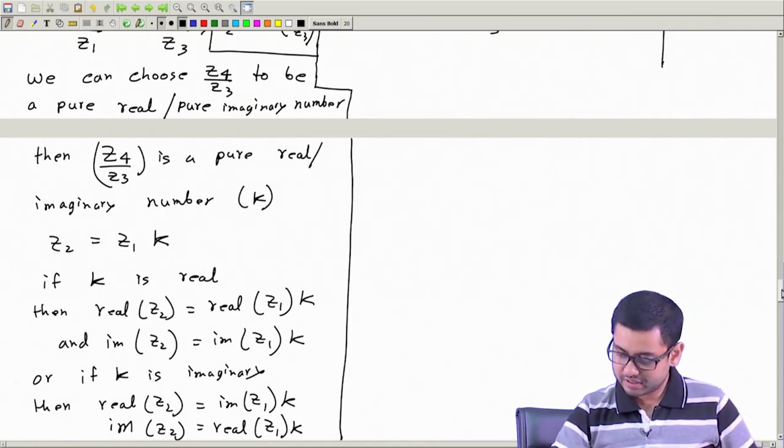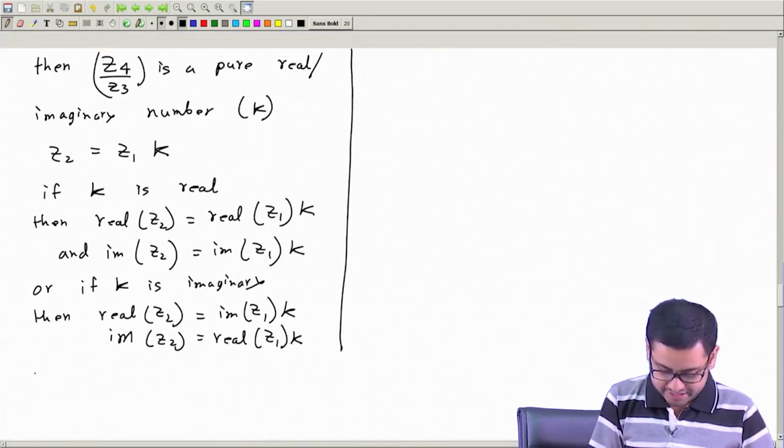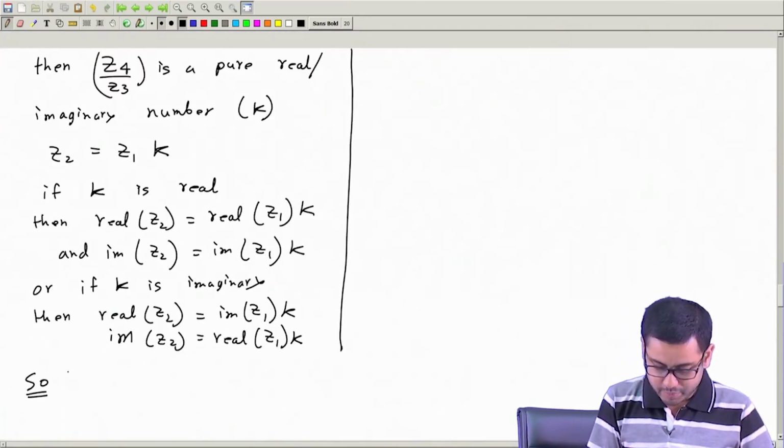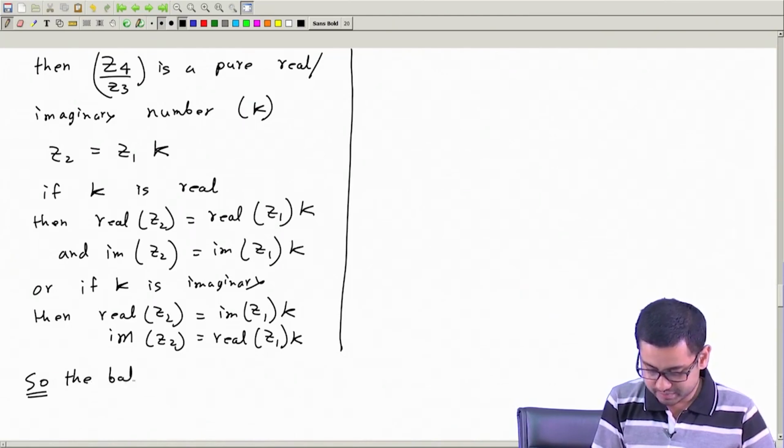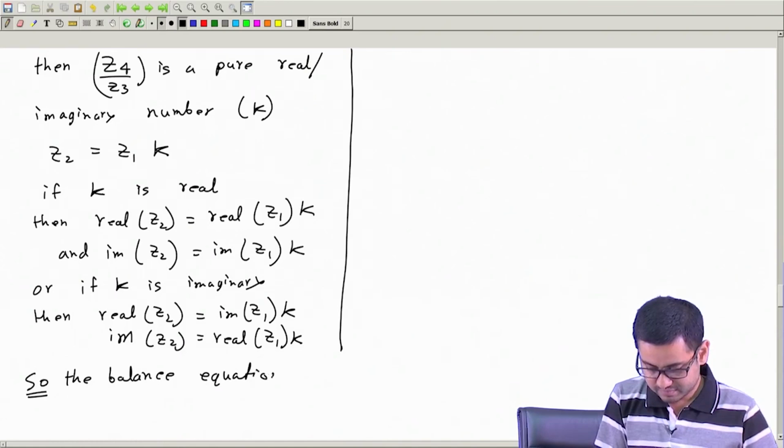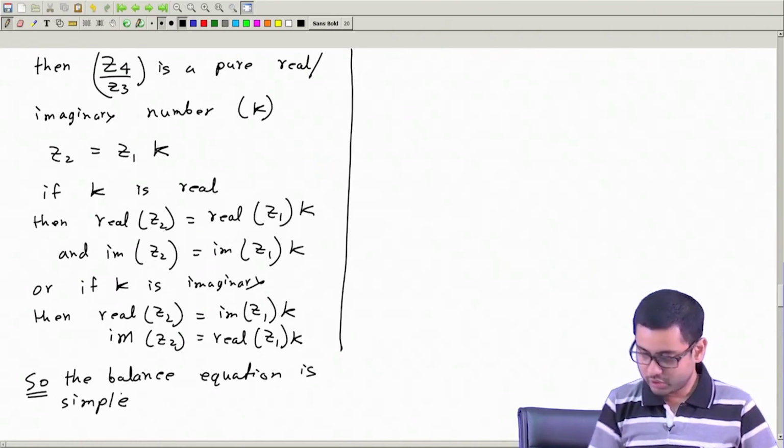Okay. So, the point is the balance equation becomes simple and easy.